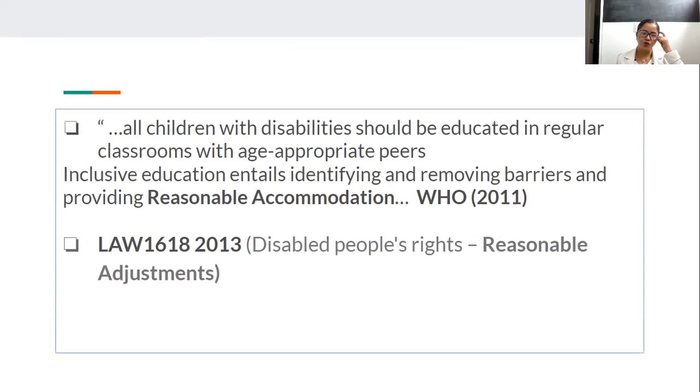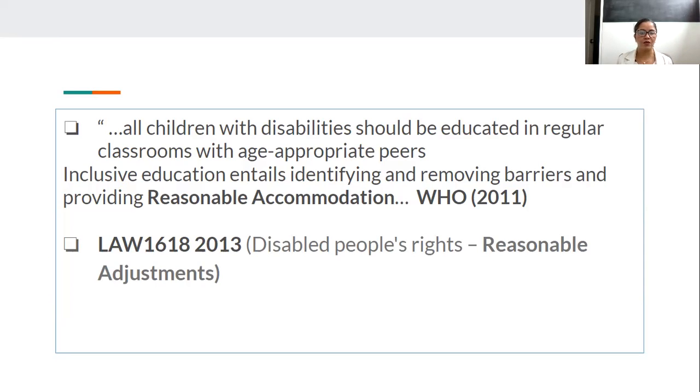Okay, before I move on to the actual literature review, I would like to review one concept with you, which I think is really vital in this process. And this concept is the concept of reasonable accommodations or reasonable adjustments. According to the World Health Organization from 2011, they believe that inclusive education entails identifying and removing barriers and providing reasonable accommodation.